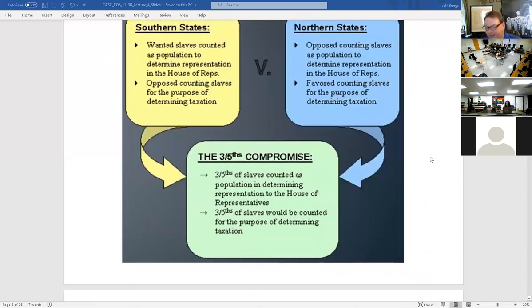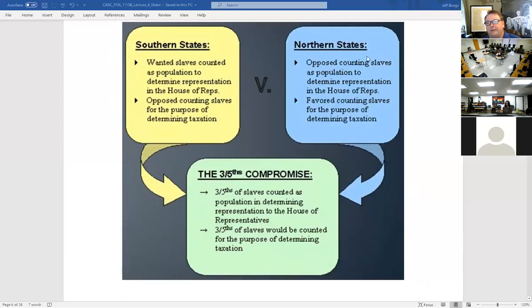One of the compromises, for example: the northern states' delegates wanted to get rid of the slave trade with Africa. The southern states did not want to get rid of that.